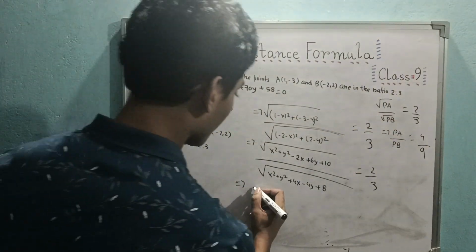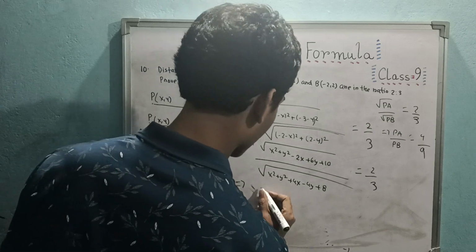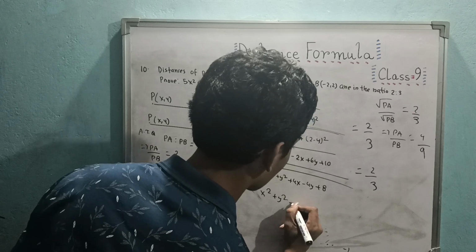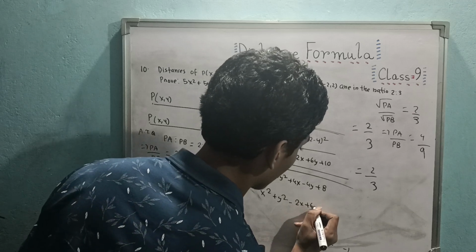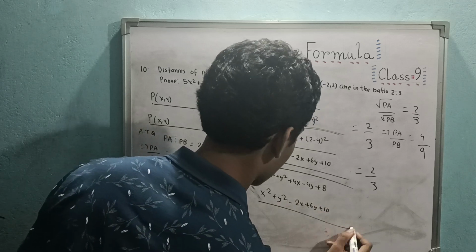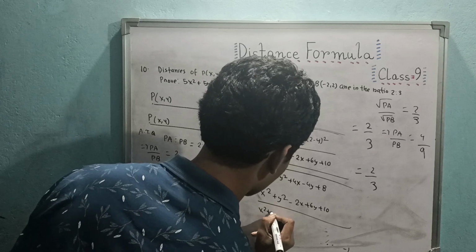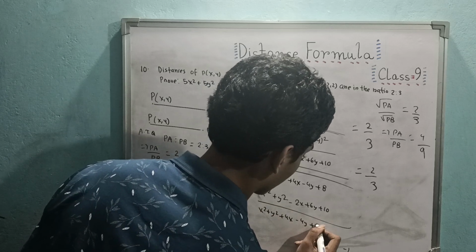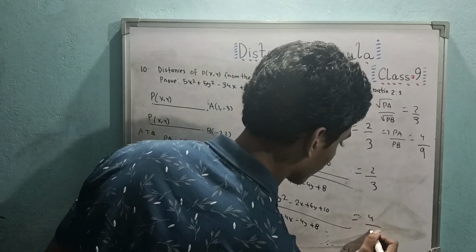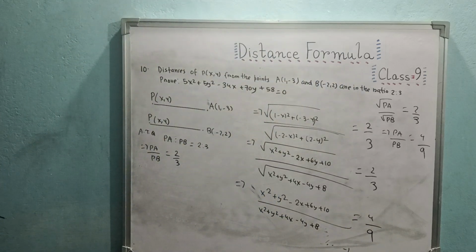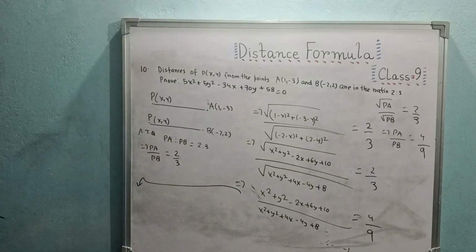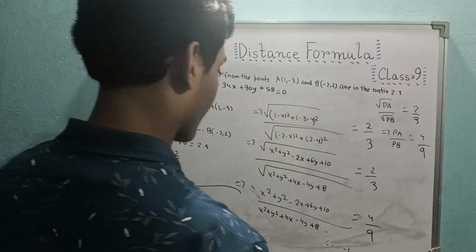Similarly here, x square plus y square minus 2x plus 6y plus 10 divided by x square plus y square plus 4x minus 4y plus 8 equal to 4 by 9. Got it? Just square both the sides, okay? Then here I am shifting it. Now just do cross multiplication.